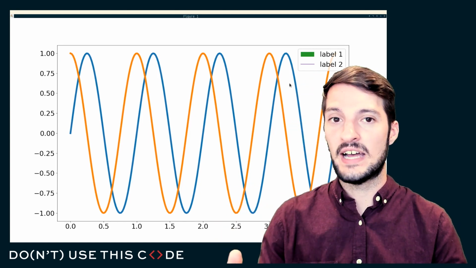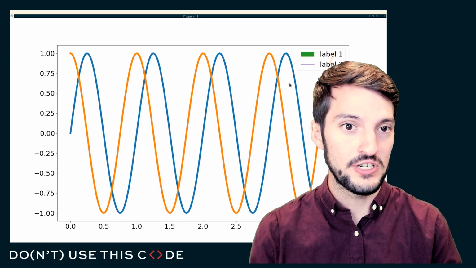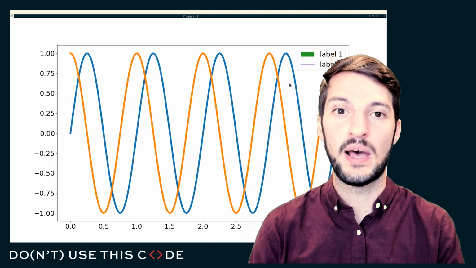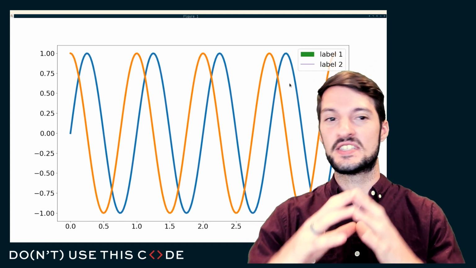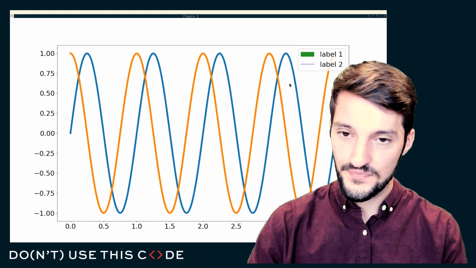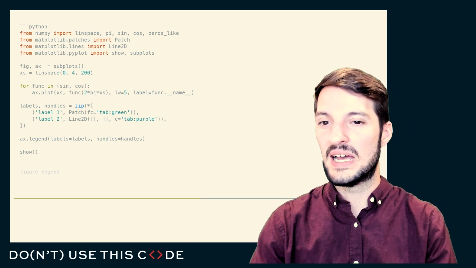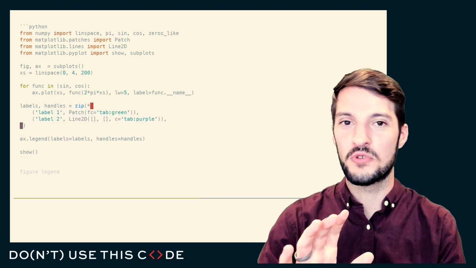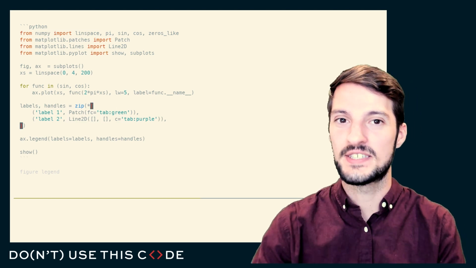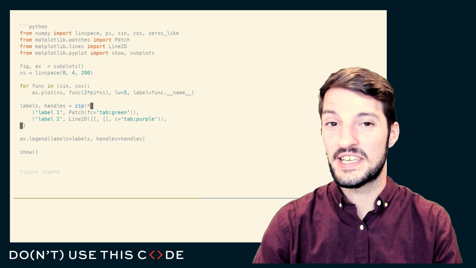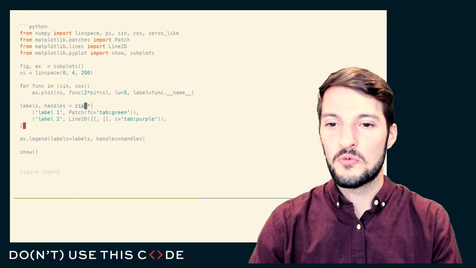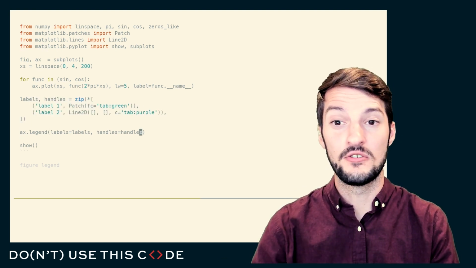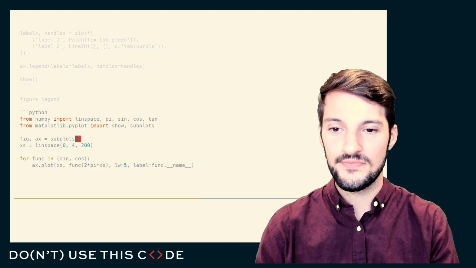I'm making a new patch, shrinking it down, doing some other transformations to it such that I can represent it in a meaningful way in my legend without making it the same size as my entire plot. And so that's what the legend handle map does for us, but we don't really need to think about those unless you want to create your own custom legend key or legend entry. You can work with this idea of labels and handles in order to create your own custom legends.